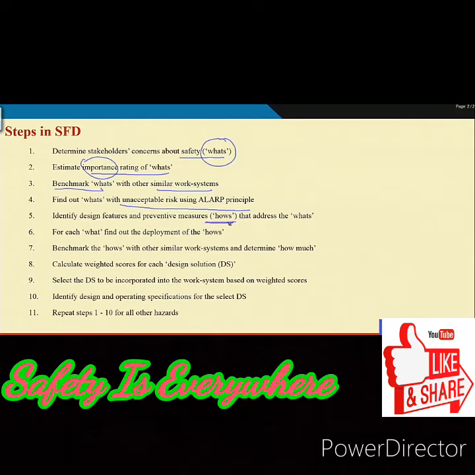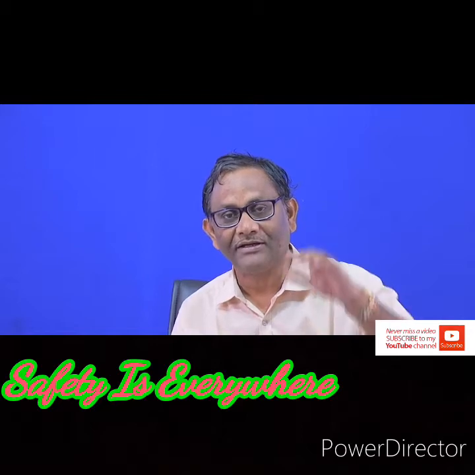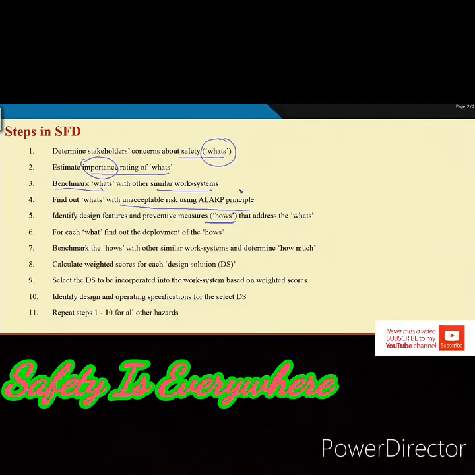These are basically hows. What do you mean? So, I know what the accident scenarios are. I know what the risk of every accident scenario is. Now, I have already prioritized with the benchmark system whether the risk of my accident scenarios in my system is more, or it is at the lowest level, or it can be reduced. Then you have used another principle called ALARP.